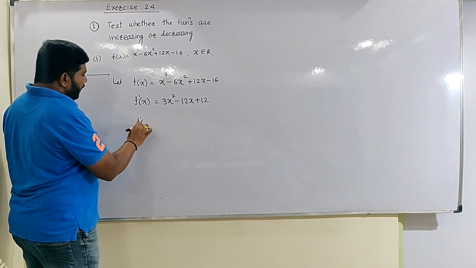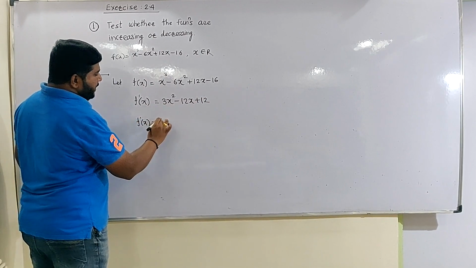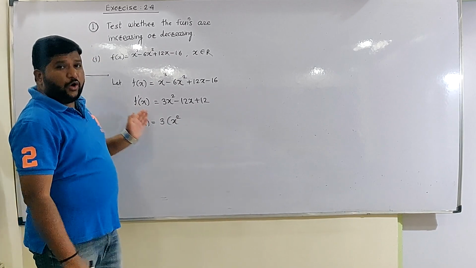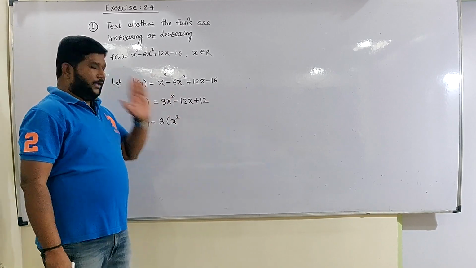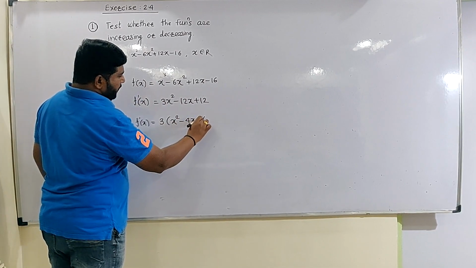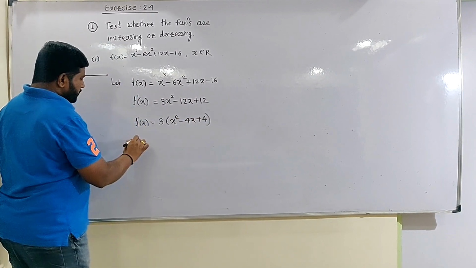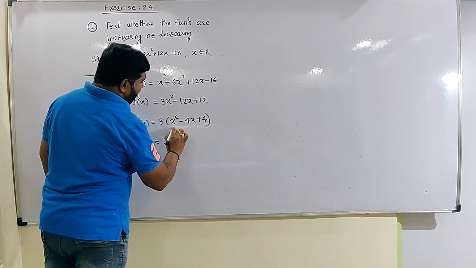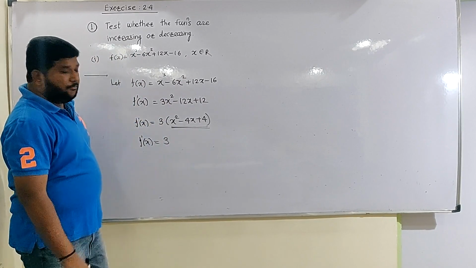Now f dash of x is equal to, here we can take 3 common, taking 3 common means what? We have to divide each term by 3. 3 into x square minus 4x plus 4. So f dash of x, this is a complete square. How to write a complete square?